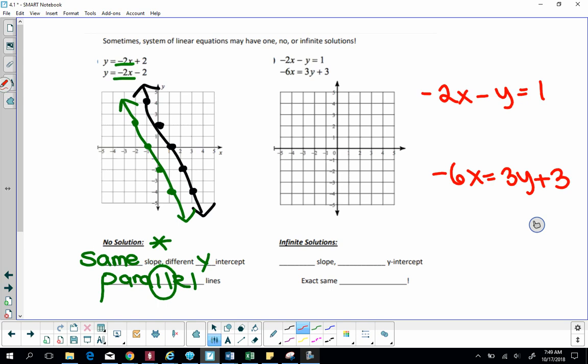All right, so who can walk me through how to do the first one on my board? I think somebody can. You go a little shy. Sure, go. We would rewrite -2x minus y equals 1.